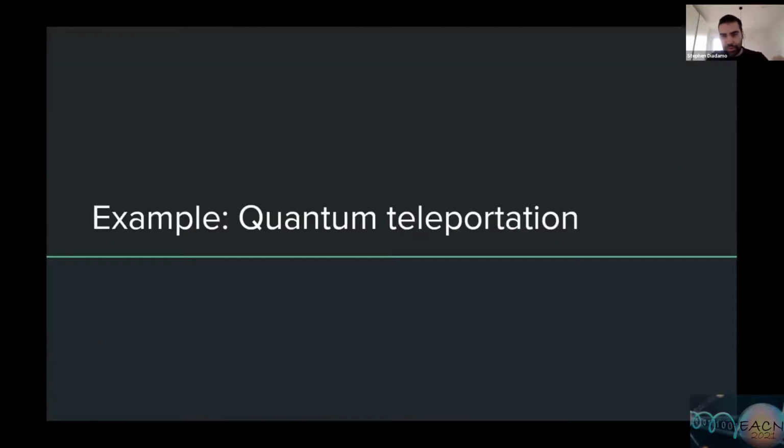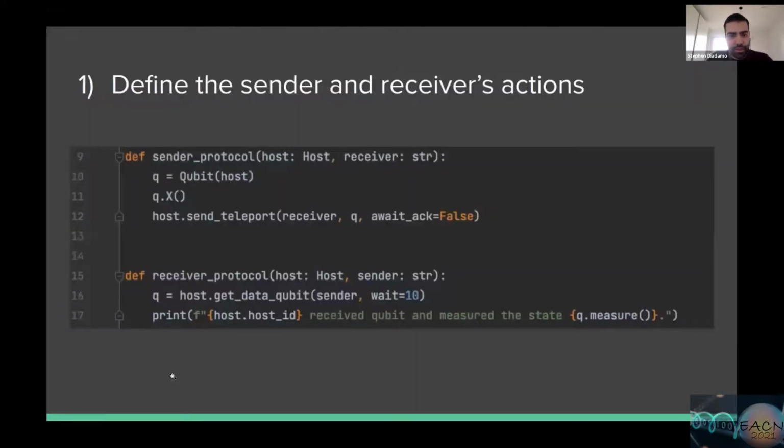So I just want to show a quick example. I hope I have time. Yeah, I do. So this is how we implement teleportation in QuNetSim. The general process is you define a receiver protocol and a sender protocol. The sender protocol here: all they do is generate a qubit, excite the qubit, apply the X operation on it, and then with one line of code, I just say send the teleportation to the receiver specified.